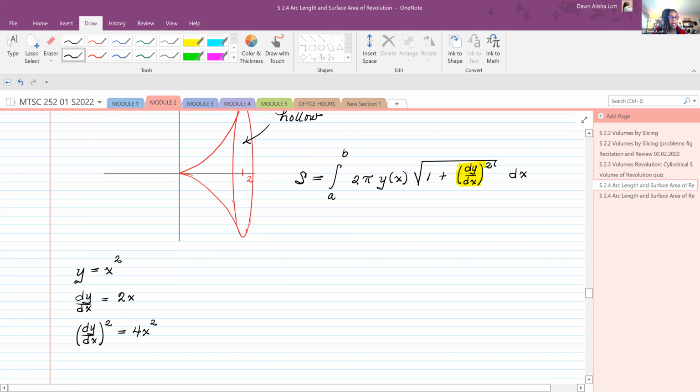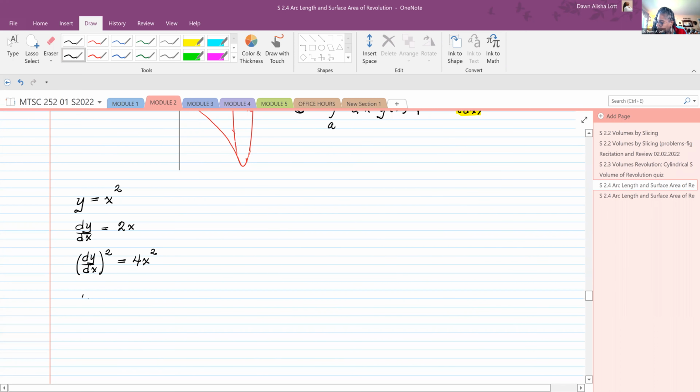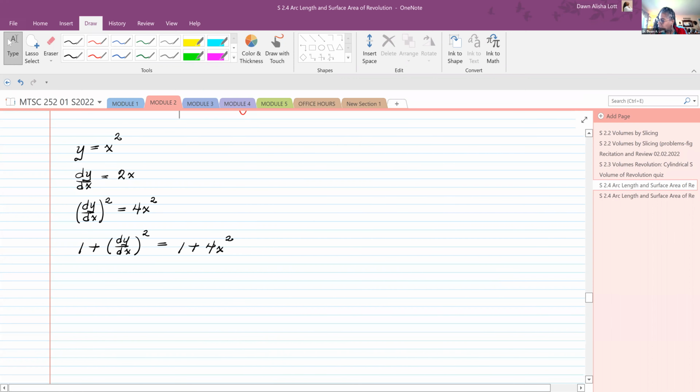Then we need to add 1 to it: 1 plus (dy/dx) squared is 1 plus 4x squared. Now I can't simplify that anymore. That's the best I can get. And then I need the square root of that. It doesn't simplify, so I'm just going to put it in.